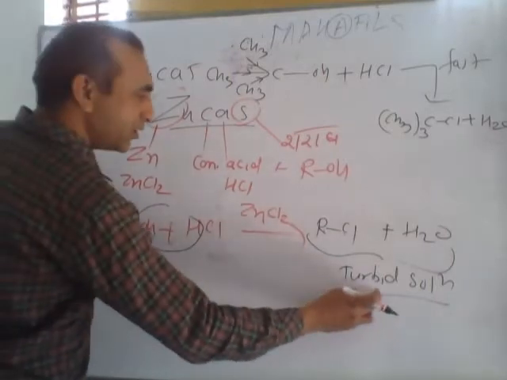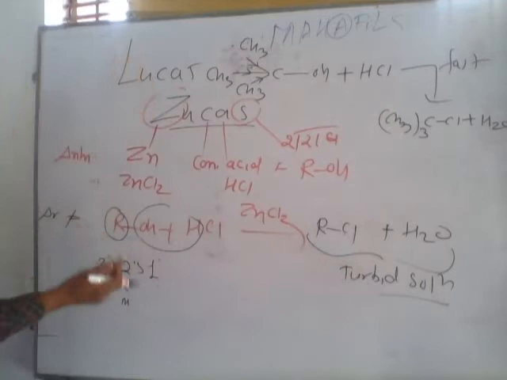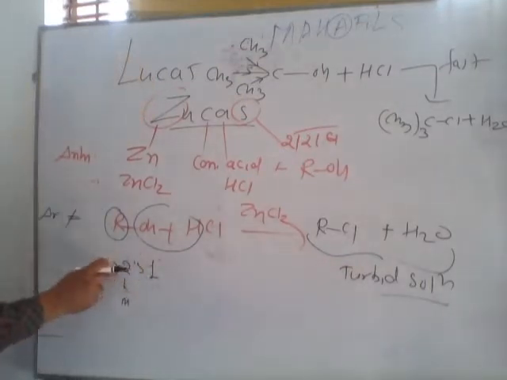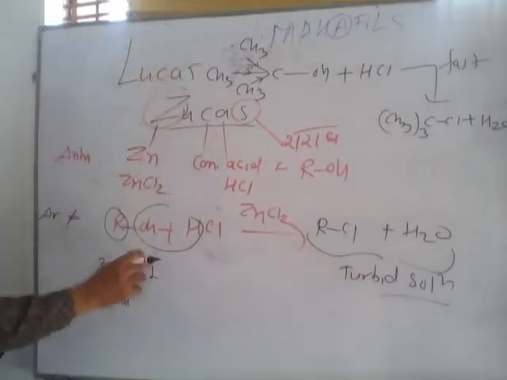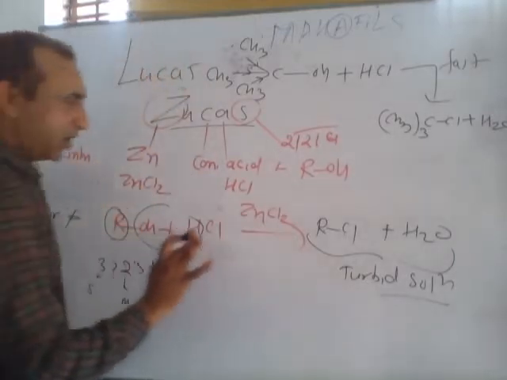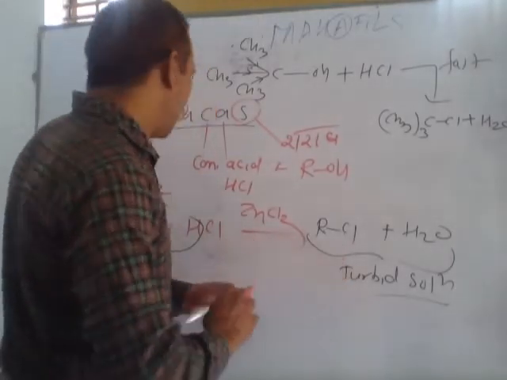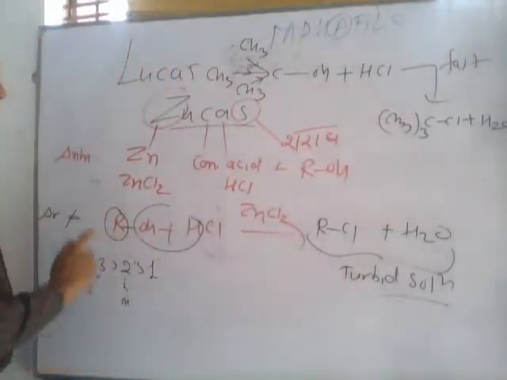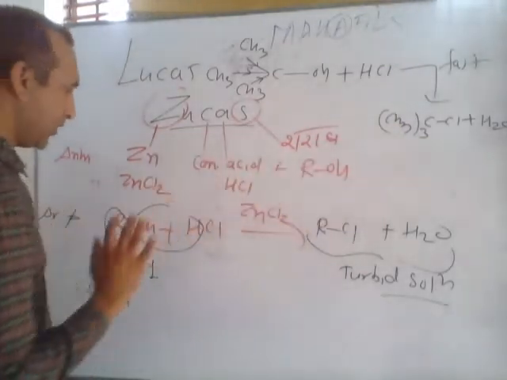If the turbid solution comes very quickly, the alcohol is tertiary. After some time, secondary. No reaction, or a very long time, primary. Listen, this is called the Lucas or ZCAS reaction. In it we convert alcohol into this compound.